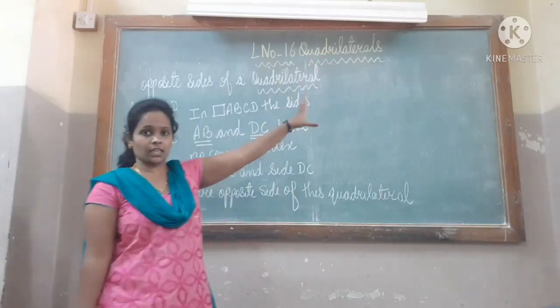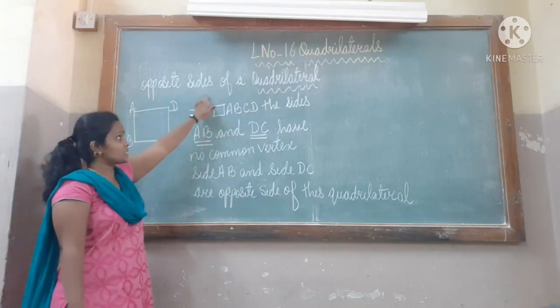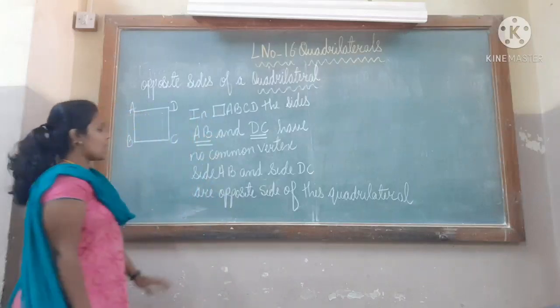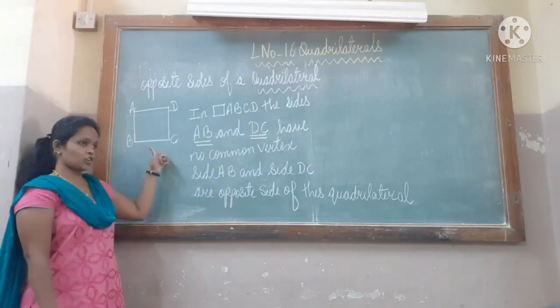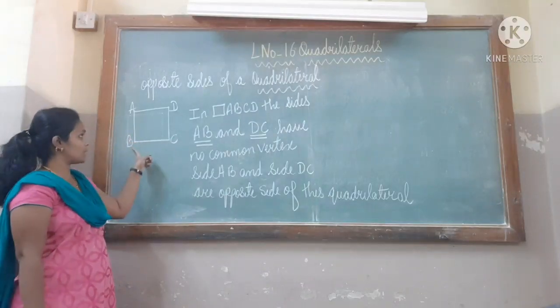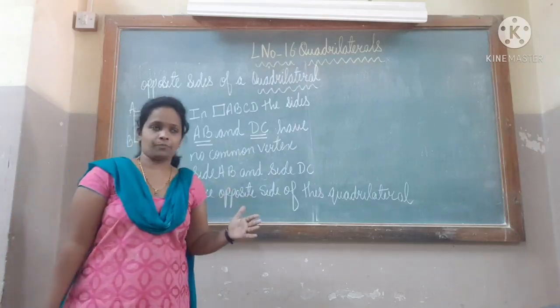Now the opposite sides of a quadrilateral. I am repeating again. You have to write the opposite sides of a quadrilateral. Now see here the figure is drawn, that is of a quadrilateral. The name of the quadrilateral is ABCD. So what are the opposite sides?